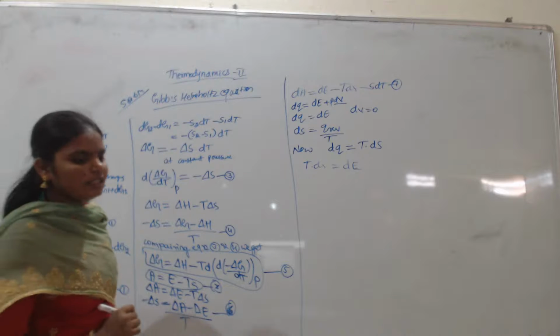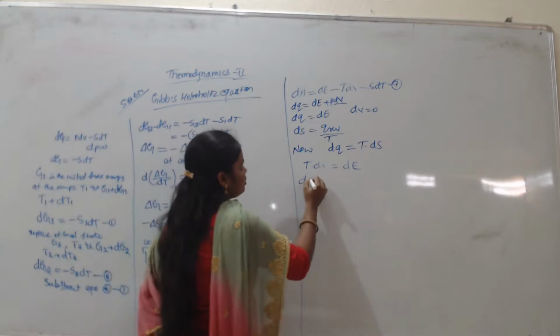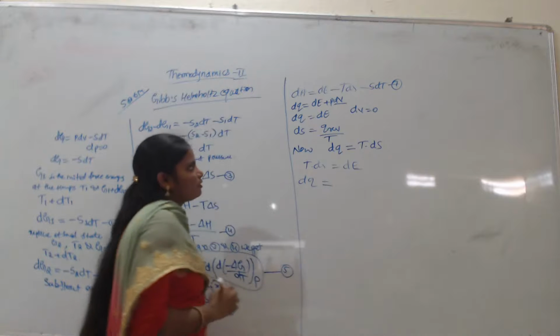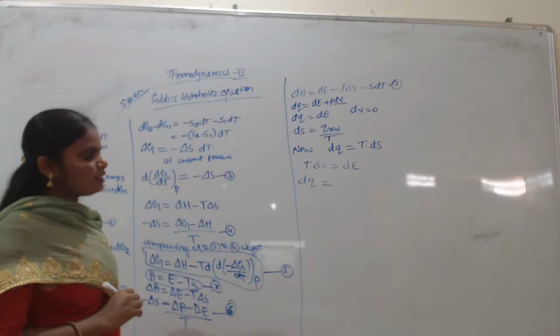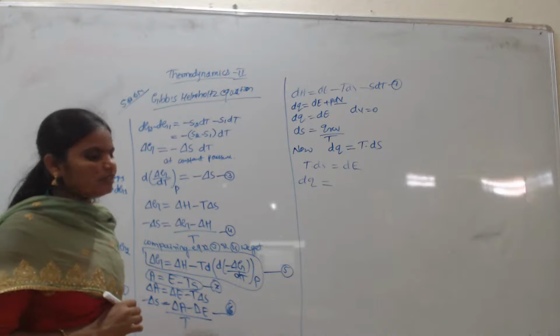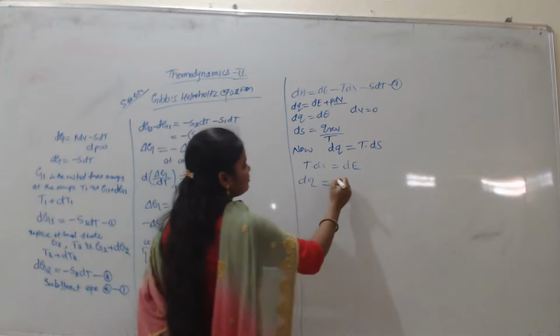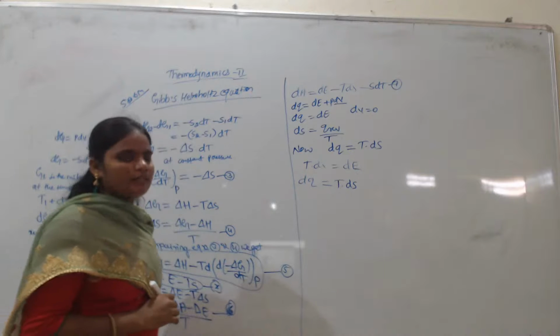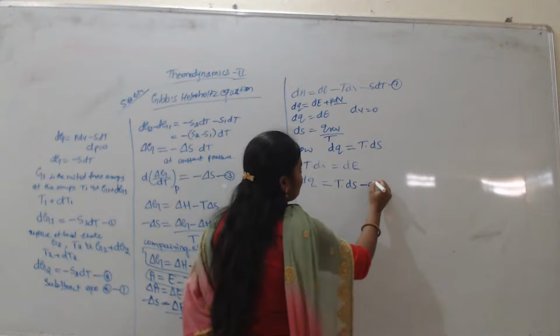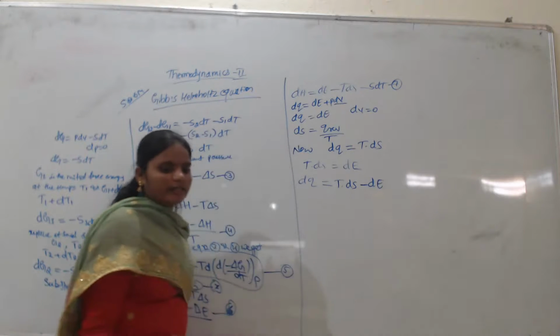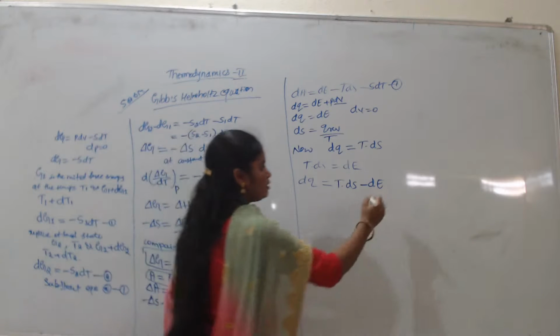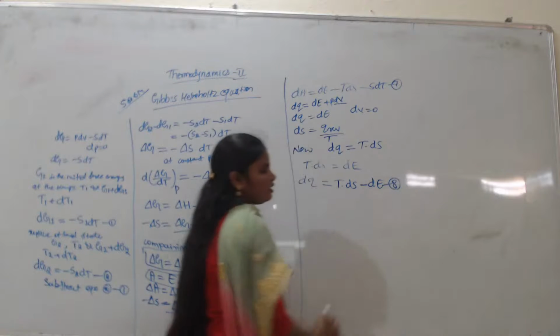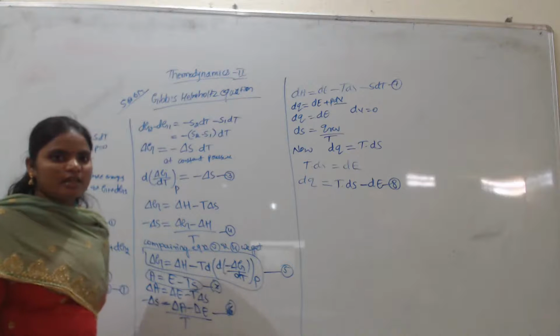Next, dq is equal to T dS, that is, T dS minus dE. This is equation number 8.